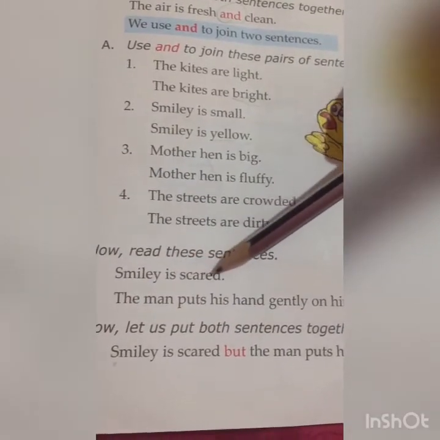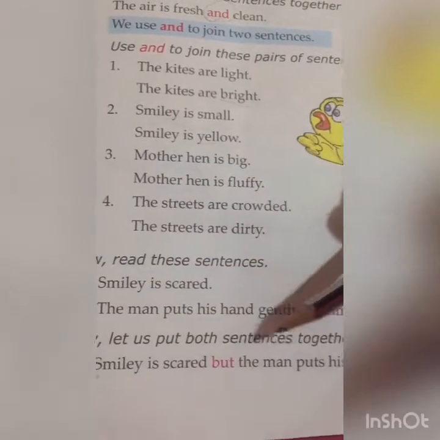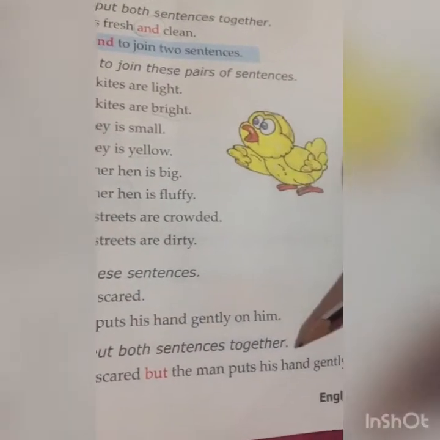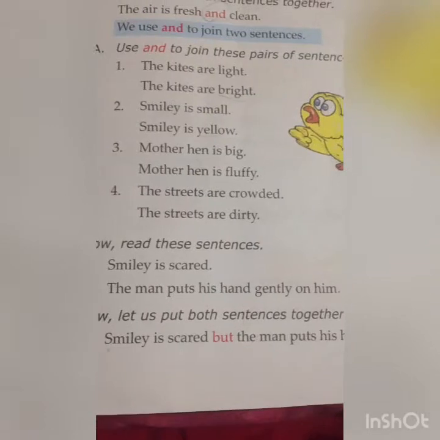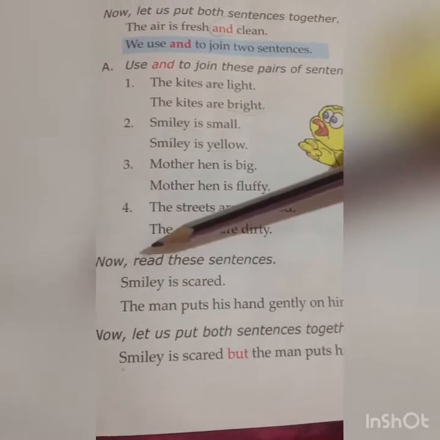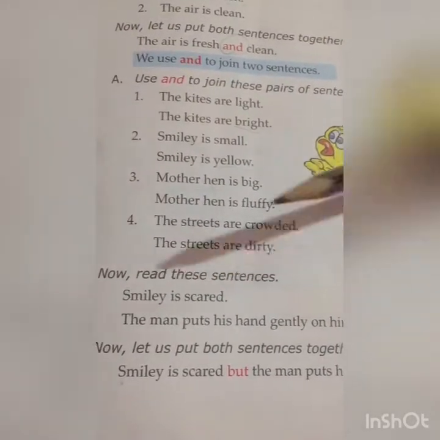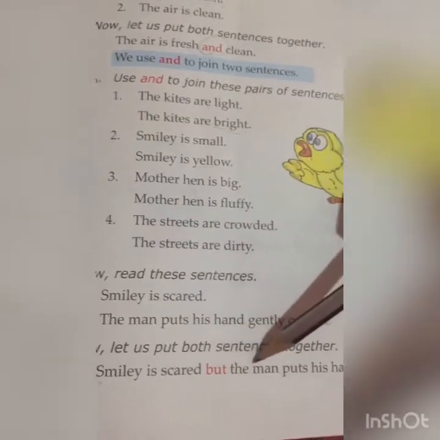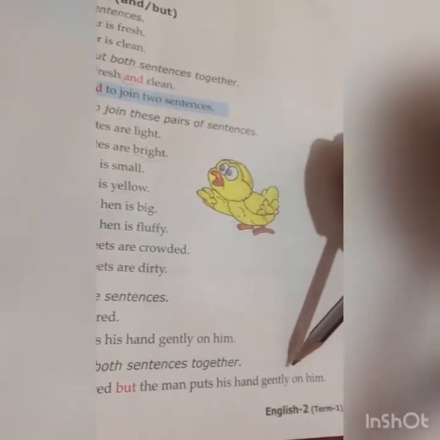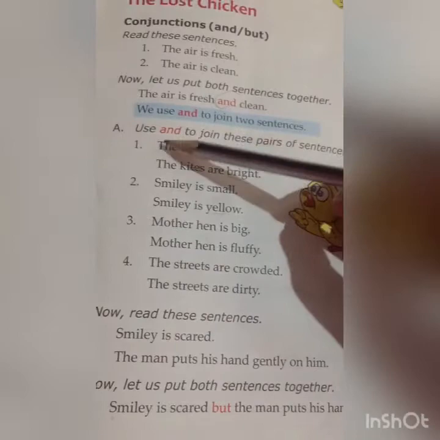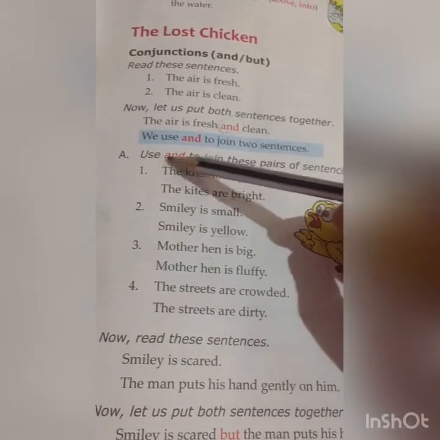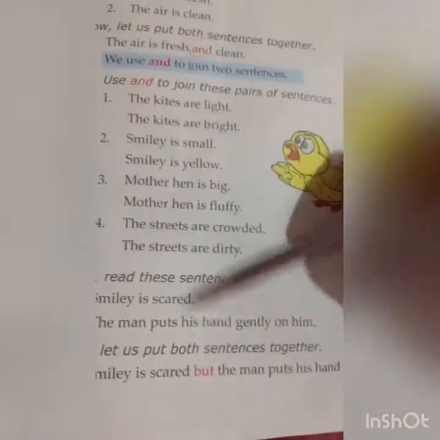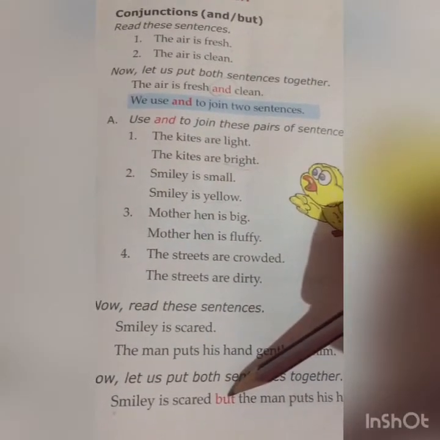Smiley is scared, but the man puts his hand gently on him. Which two words have we learned now for joining sentences? And, but.